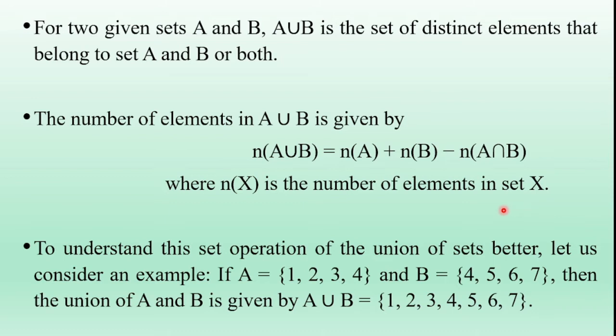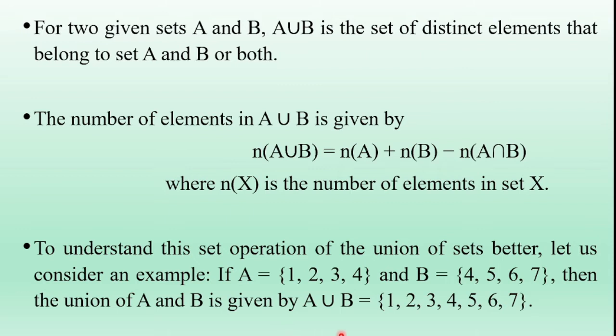Suppose, for example, to understand this union of the set, let us consider an example. If set A is equal to 1, 2, 3, 4 and set B is 4, 5, 6, 7, then the union of A and B is given by A union B. According to the definition of the union of the set, the union of two sets A and B is the set of all the elements belonging to both the sets.